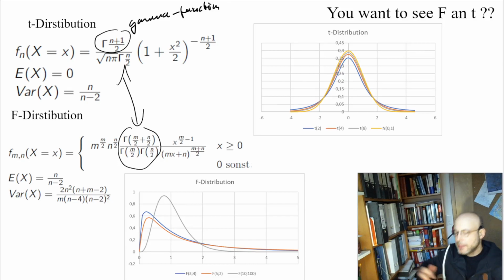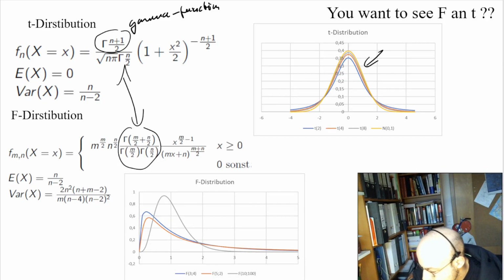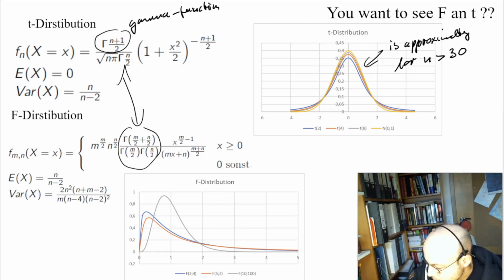But what we also see is that the t distribution, in general, you say for n larger than 30, is approximately the normal distribution.